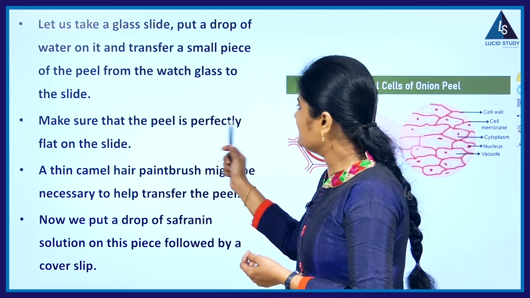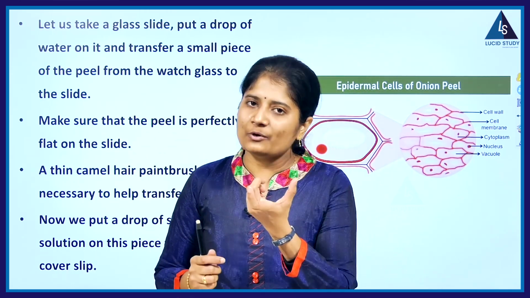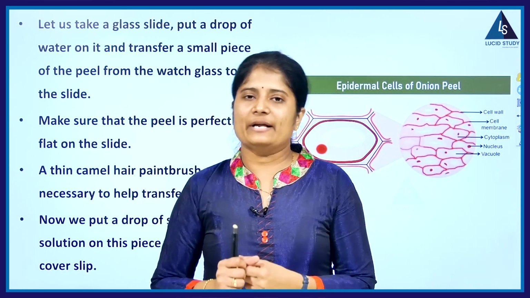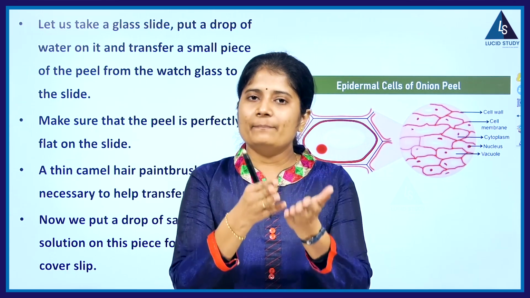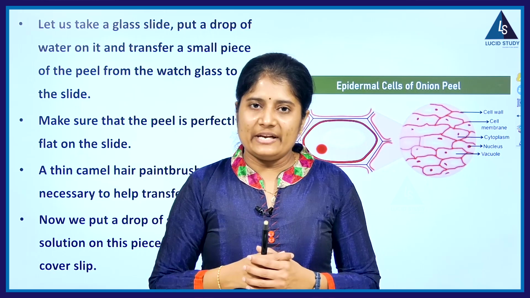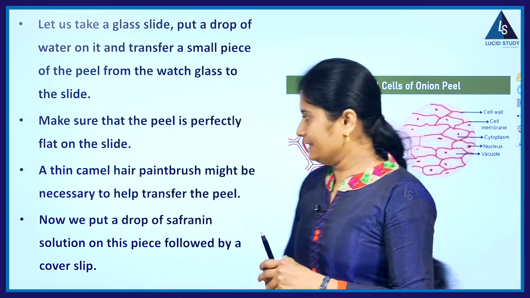Make sure that the peel is perfectly flat on the slide. The slide is also a glass equipment which can be seen under the microscope. So you need to place our peel upon that slide and see that the layer is very uniform, that it is going to fix perfectly on the slide here.